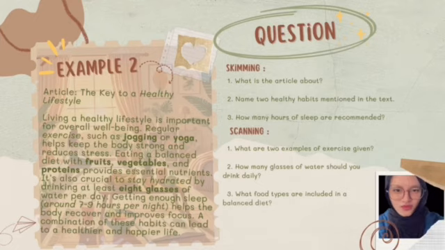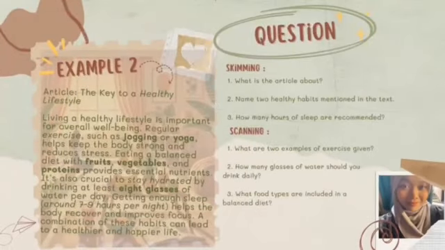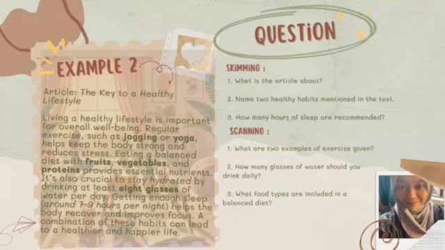Now, let's see how we can use scanning for this example. Let's practice scanning for this article. Here are some questions you can answer by scanning the text. 1. What are 2 examples of exercise given? 2. How many glasses of water should you drink daily? 3.